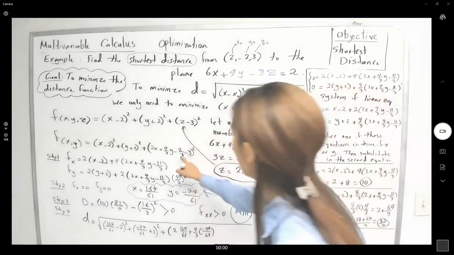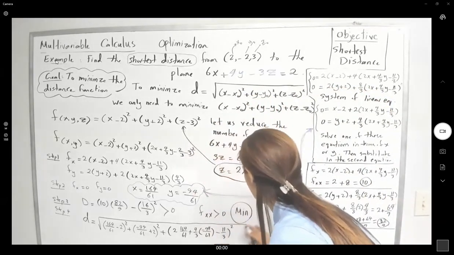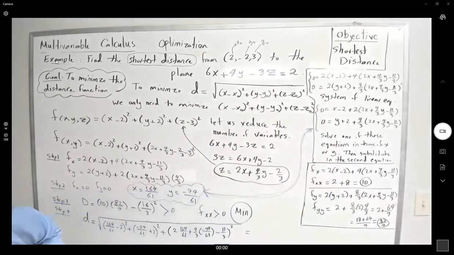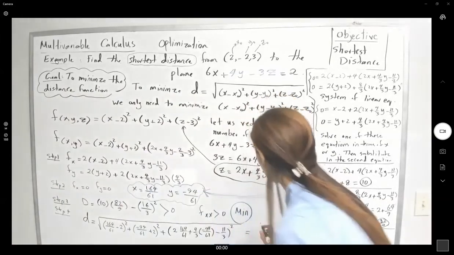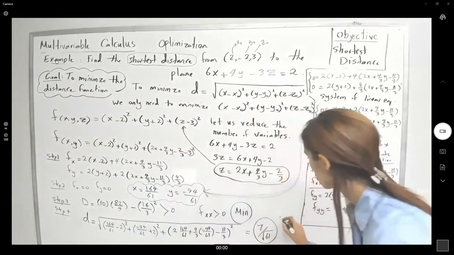And then here we have negative 11 over 3 squared. And after doing the calculation, your D is equal to 7 over square root of 61. This is the shortest distance.